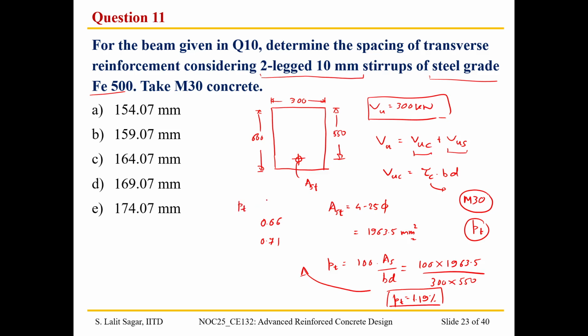This is PT and tau c. After doing the interpolation, I got the value of tau c as 0.698 MPa.